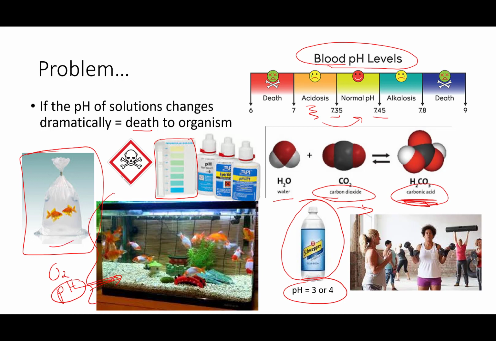Well, you take these brand new fish and they're being thrown into a strange, weird environment. And that's one of the reasons it's hard to keep fish unless you are very careful and know exactly what you're doing. You're throwing them into a state where their normal pH levels are thrown all off and they can die.